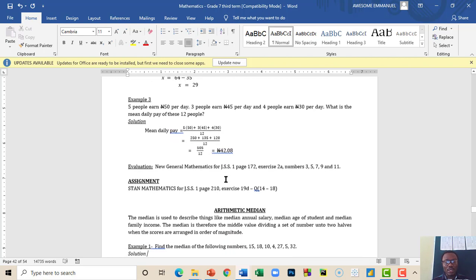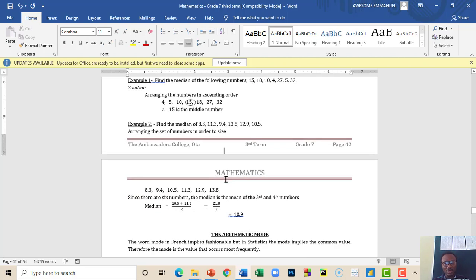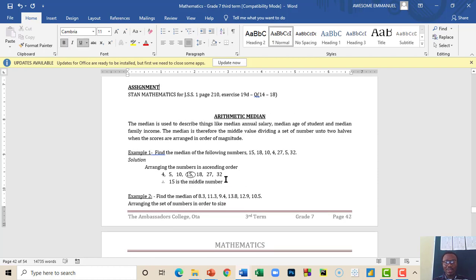Quite simple. Now let's discuss the median. Like I said, it's just a quick revision before I go back to our slide material. Now getting the median is simple. Don't fall into the mistake of not arranging first before getting your median. Median is the middle number in a set of orderly arranged data. So to get the median, from this data, we arrange the numbers.